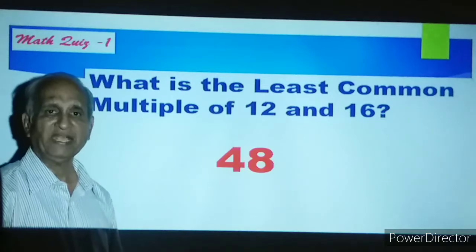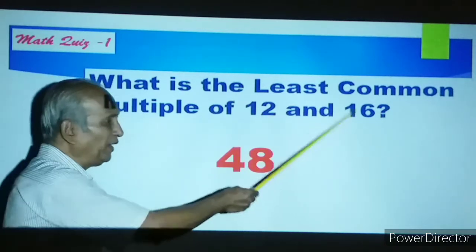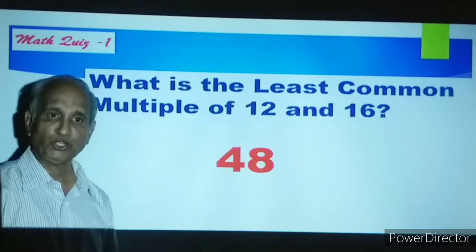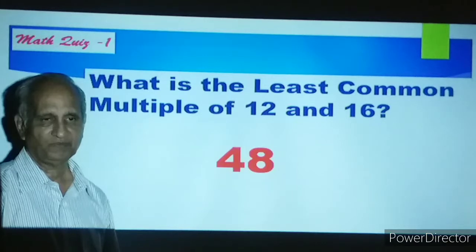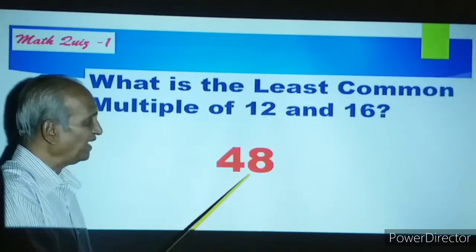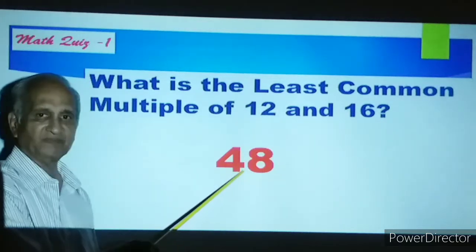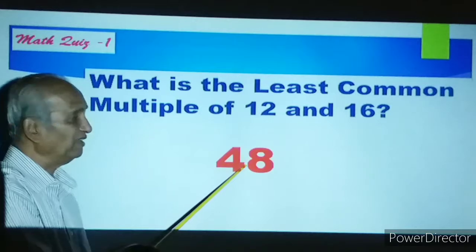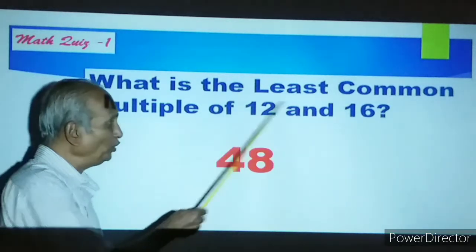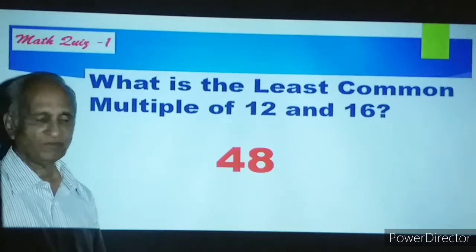You have to get me a number which can be divided by both 12 and 16, and that should be the lowest multiple possible. 12 fours are 48, 16 threes are 48. Can you think of a number which is lower than 48 getting divided by both 12 and 16? No, you do not have any.